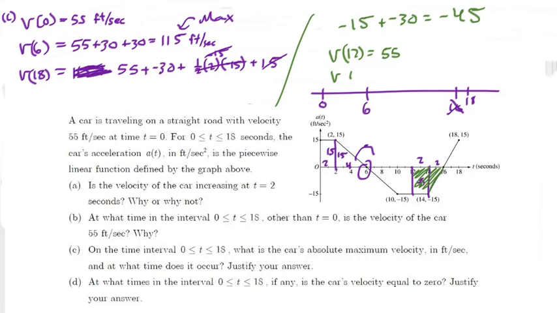So V of 16, that would be 55 plus negative 45, which equals 10. Nope, this would be the lowest speed. That's our minimum value. And so we never get to 0. So you just have to state that to finish off your problem. All right, not 15, 10 feet per second. So we never get to 0.